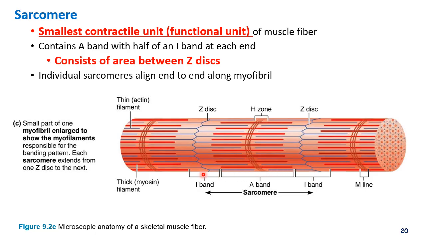From one side to the other side, you find another Z disc, and it's called the Z disc because the arrangement of these proteins looks like a zigzag line. So between these two bands, you have your sarcomere. The sarcomere is defined as between two Z discs. You have the I band, a light band. In the middle of your I band, you have your Z disc, and from one to another, that is your sarcomere.